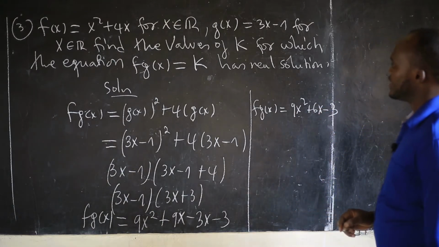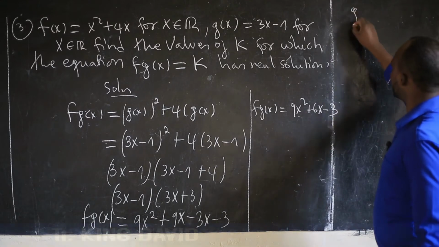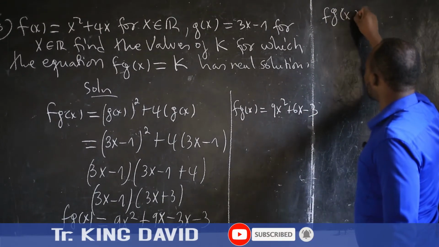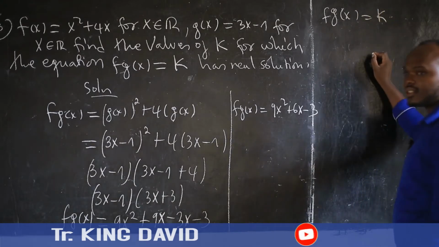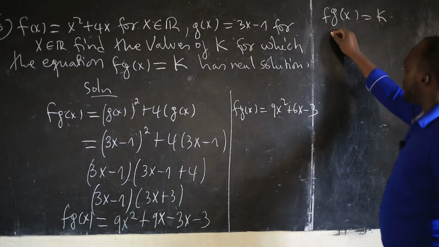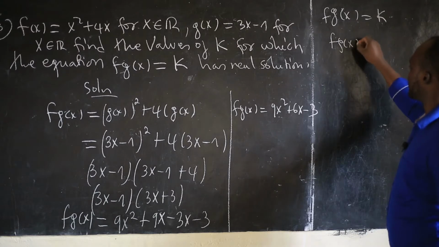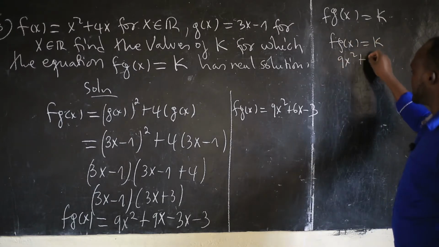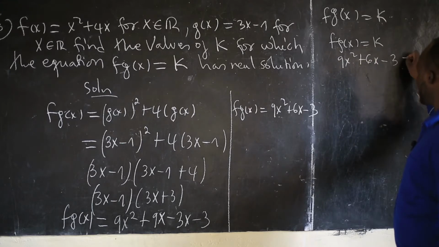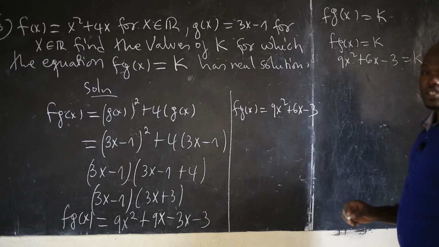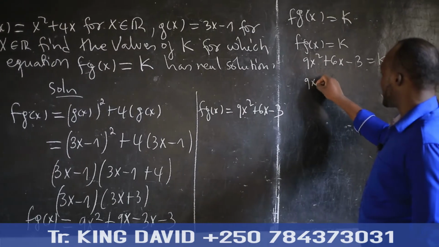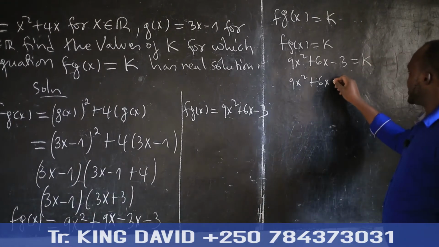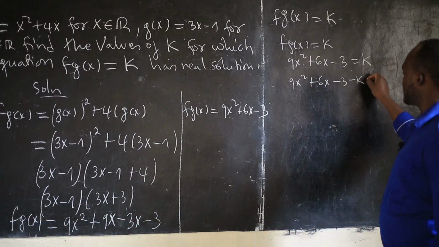So now they are saying that f of g of x equal to k. It has a real solution. So f of g of x equal to k means that 9x squared plus 6x minus 3 equal to k, which means that 9x squared plus 6x minus 3 minus k is equal to 0.